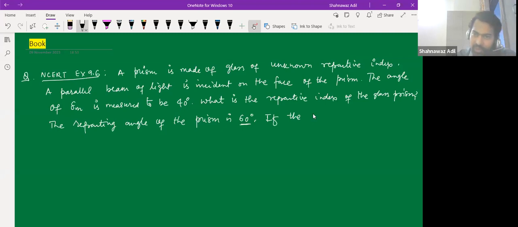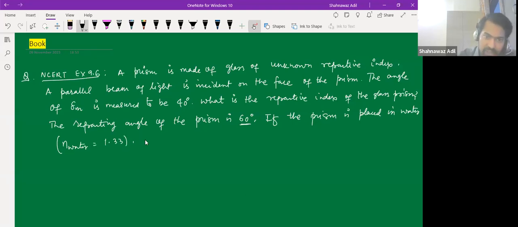If the prism is placed in water, and its refractive index is 1.33, predict the new angle of minimum deviation.